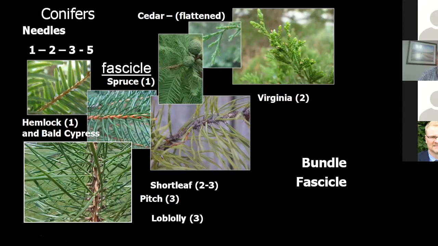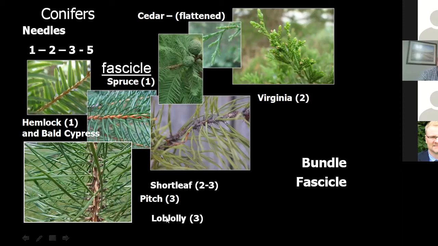Now the next one I do not have a picture of either. It is 3 needles. It looks a lot like the pitch pine, except, well, first of all, loblolly is not even a native tree. It was brought into the western part of the state for the paper industry out there, and there are a lot of loblollies in western Kentucky.